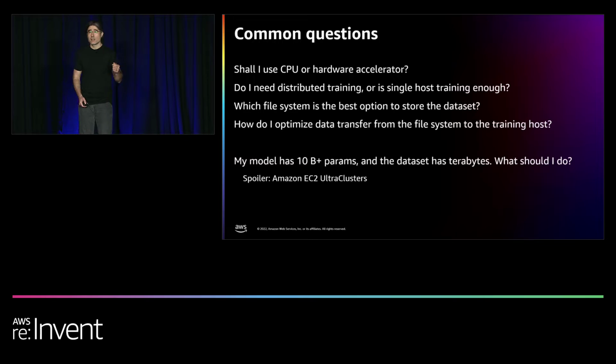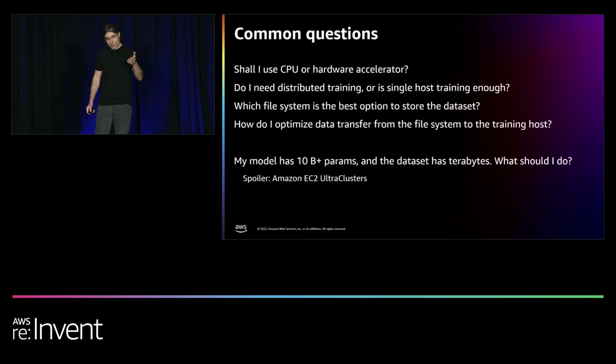Which file system should I use to store my data set in order to have good performance when the data set is being streamed to the host that will train these models? And also, when you are running distributed training, you need a very good network to transfer not only the data set, but also to synchronize the models and the gradients across multiple instances. This is also an important point that you need to be careful about, right?